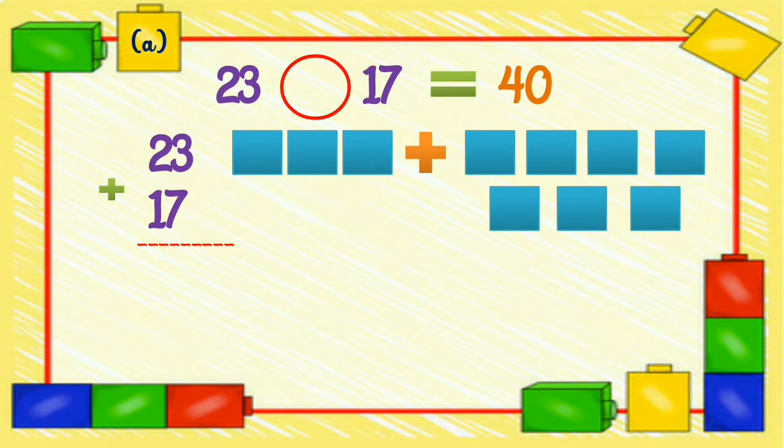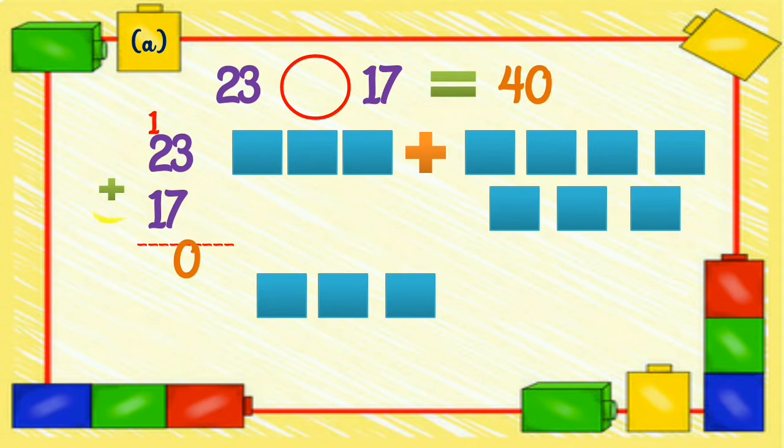So the answer is 10. We write 0, and the other digit, 1, goes to the left. Then we have 1, 2, 3. First we write 1, then 2 and 3.